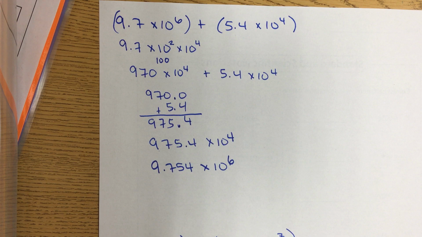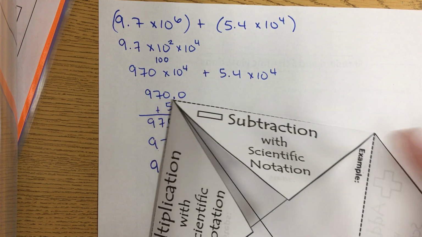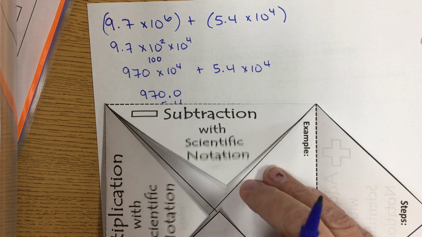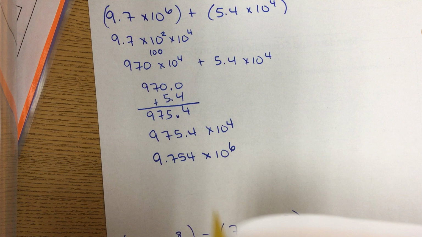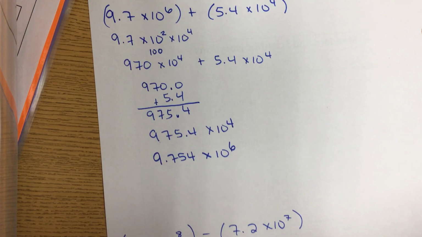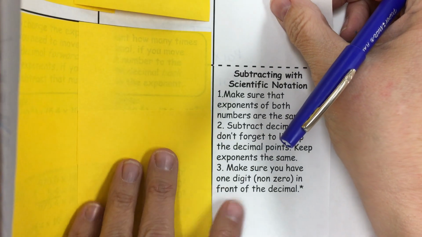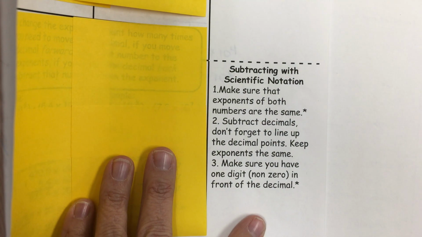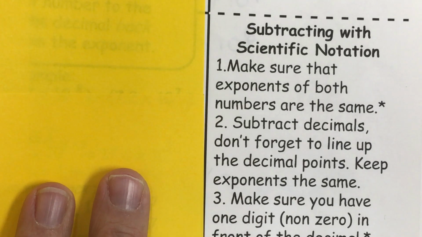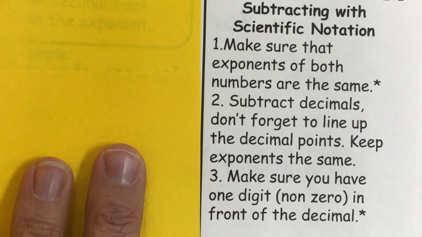Now I want you to find the flap that says subtraction, and go to the top, and we're going to put down the steps for subtraction. Here are the steps for subtraction. There we go.